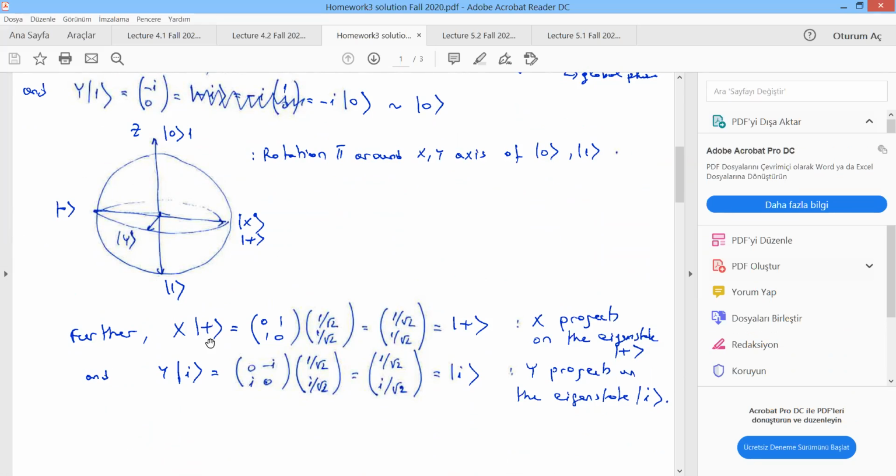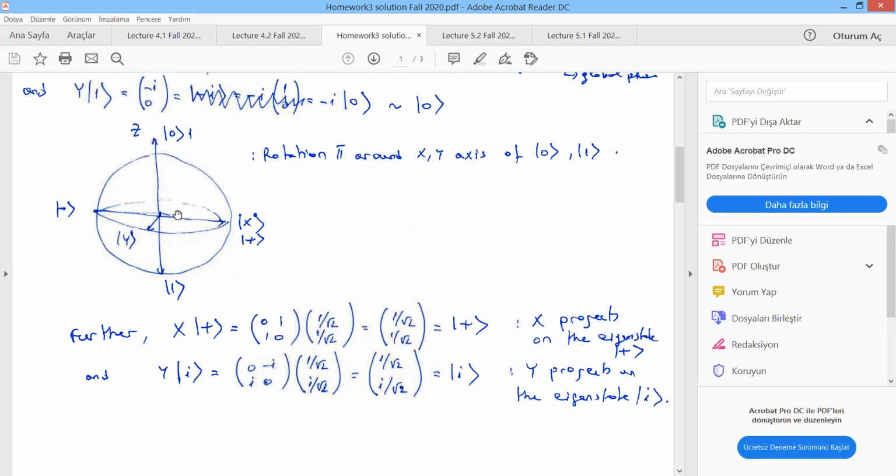The effect of X on plus: this was X, [0 1; 1 0], and this was the plus state, [1/sqrt(2); 1/sqrt(2)]. You get plus again. So this projects on the eigenstate plus. This is normal because this is the eigenvalue equation: the operator operating on the eigenstate equals the eigenvalue, which is 1 in this case, times the eigenstate.